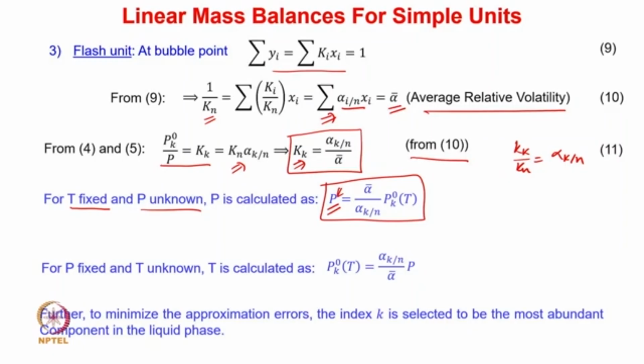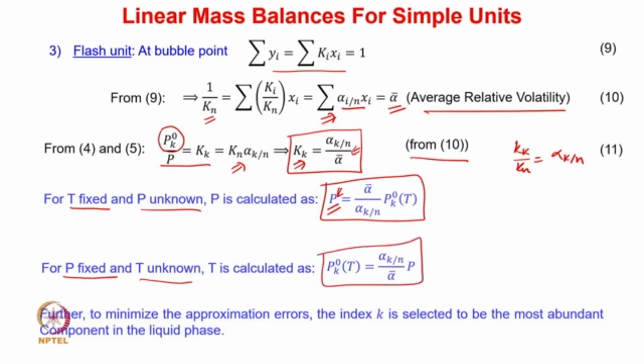When P is known and T is unknown, in that case what we can do is calculate the vapor pressure Pk naught as P into this entire thing, isn't it?